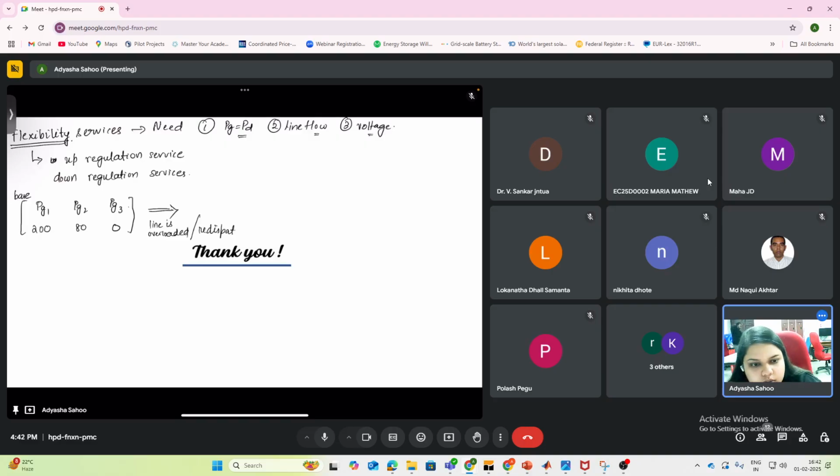Here the generators can either go regulation up or regulation down. Regulation up means increasing the generation from their base, so PG base plus your PG up. This much amount of power that you increase is your up regulation service.